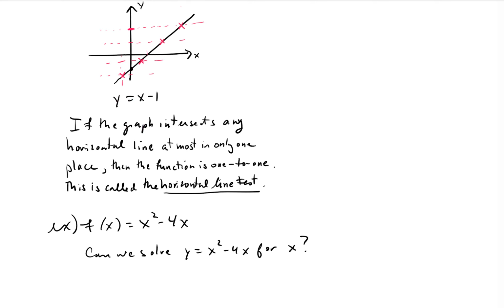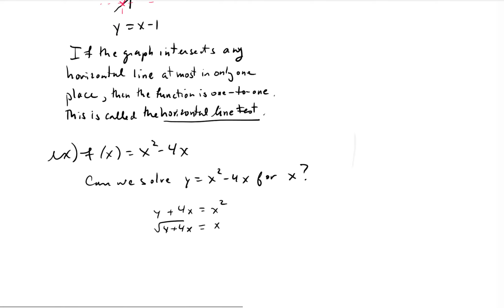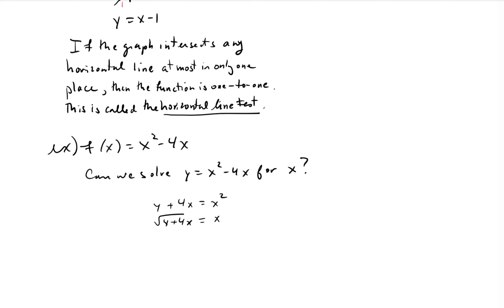Now, if I try to do that, I seem to get stuck. If I send 4x to the other side, I could take square roots, but I still don't have only y on the other side. I've got x still there. In addition, I would have a plus or minus, two possible roots, but the problem is I've got x already there, so it seems like I'm stuck.